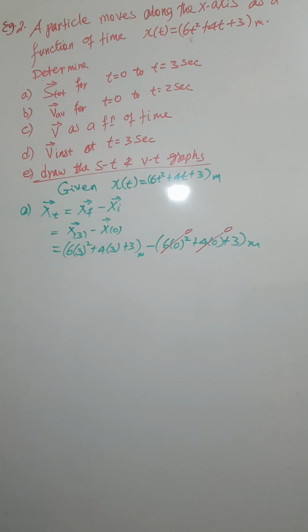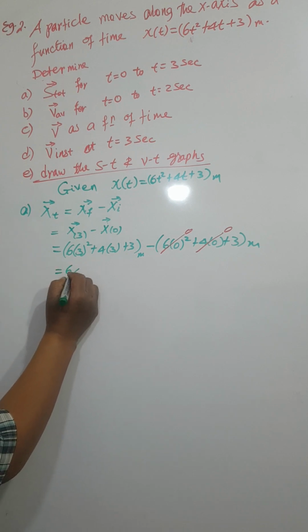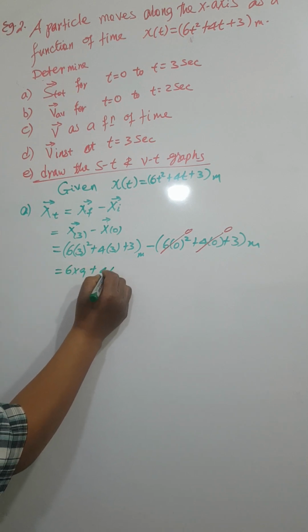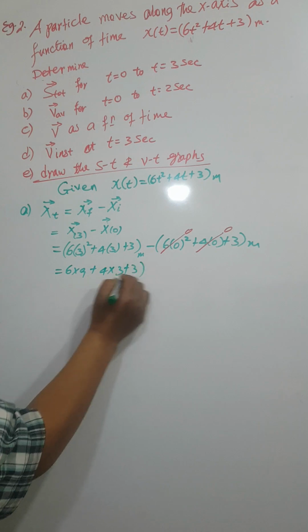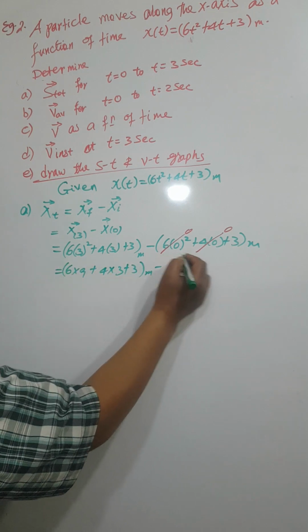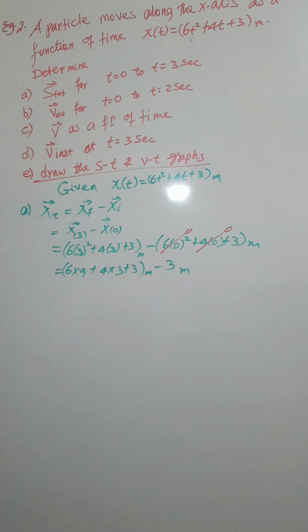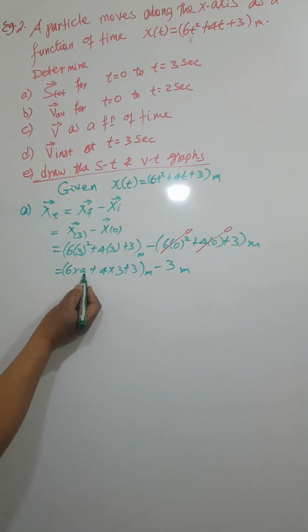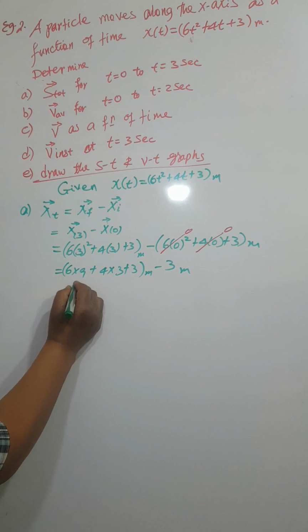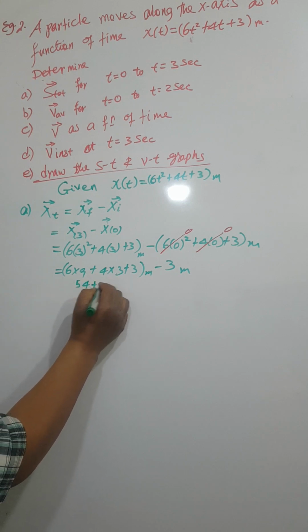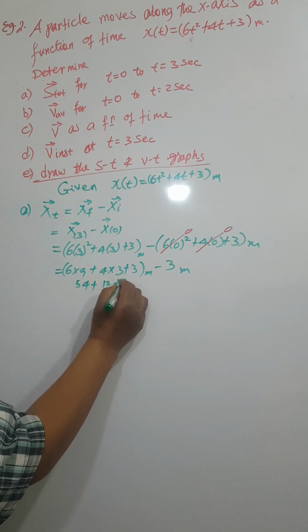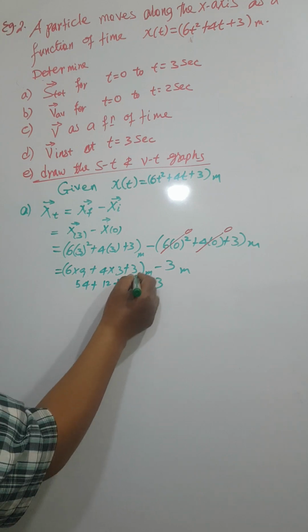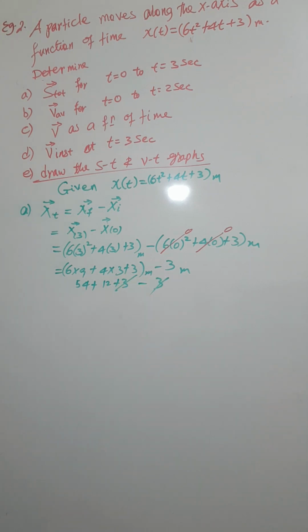Now this is equal to 6 times 9 plus 4 times 3 plus 3 meter minus 3 meter. Now this is 54 plus 12 plus 3 minus 3, so the 3 cancels out.